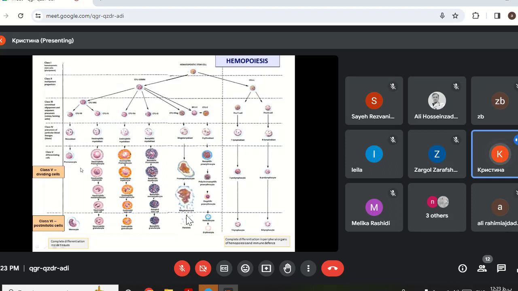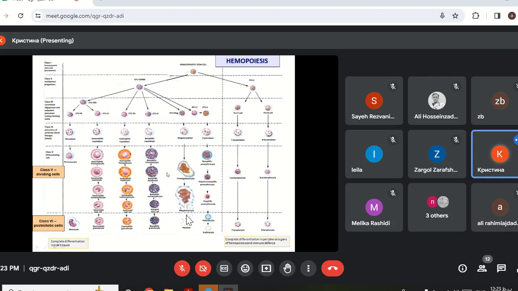Next, class 5. They are differentiating cells, and when they differentiate, they gradually lose their ability to divide. So the cells here still can divide, and here they lose their ability to divide. And they gradually gain some specific features.